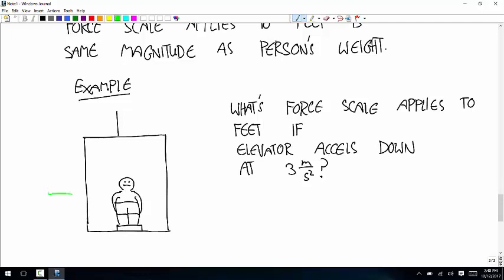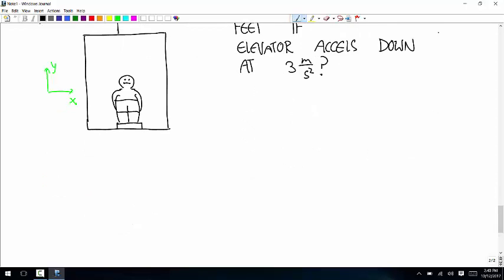So I'll still put the y-axis up. If the elevator is accelerating down at 3 meters per second squared, there's the coordinate system. So what would be the acceleration vector?